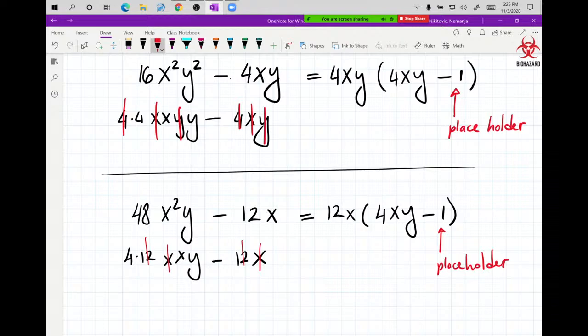And now you are going to distribute everything back to check and get the answer. So when you multiply it like this and like this, you get your 12 times 4 is 48, x squared y, minus 1 times 12x is 12x, and everything is back the way it's supposed to be.